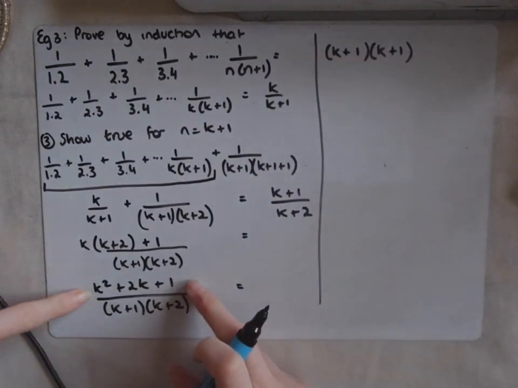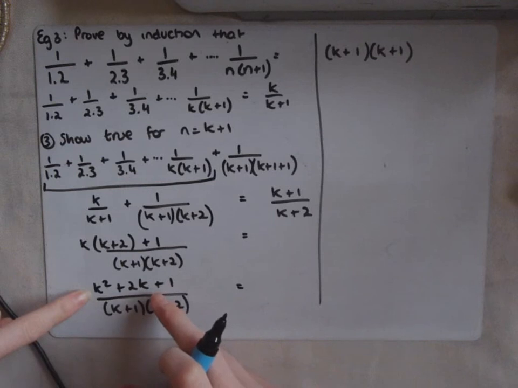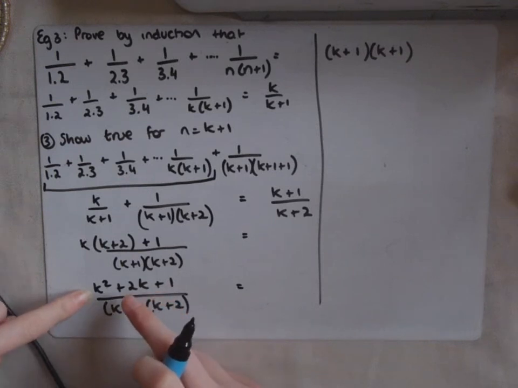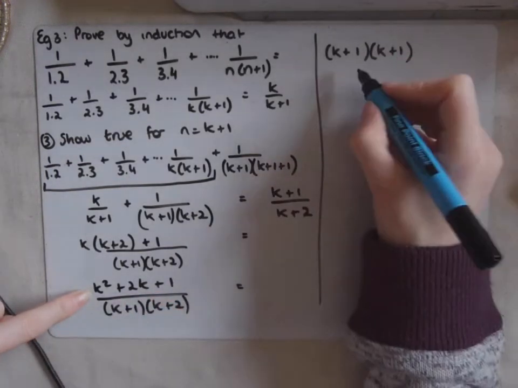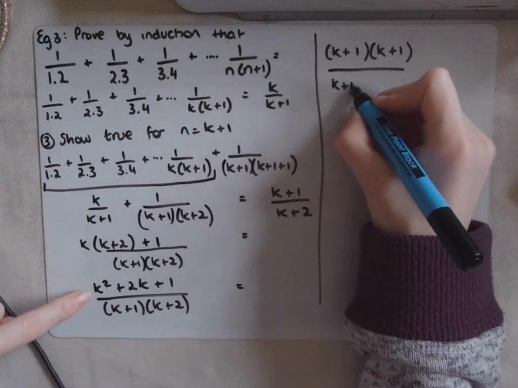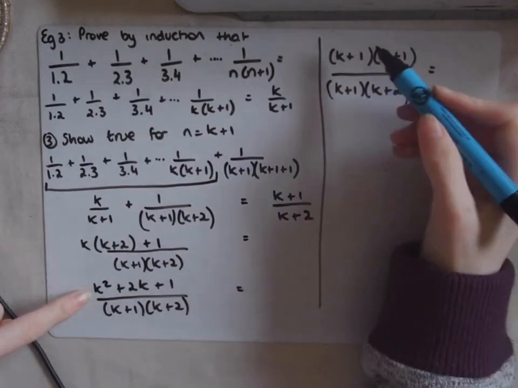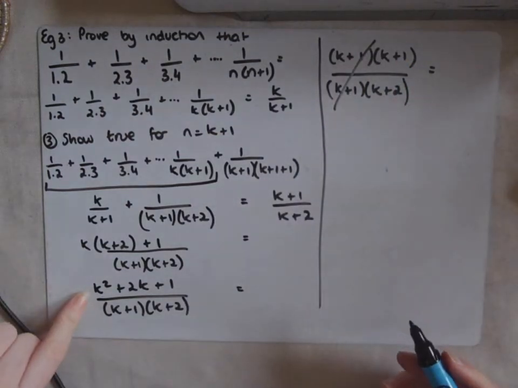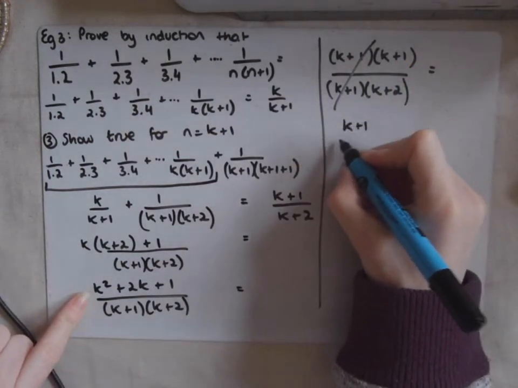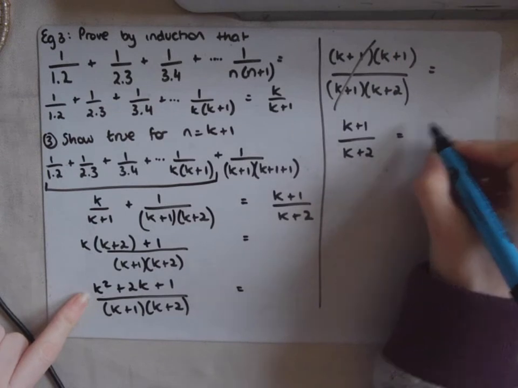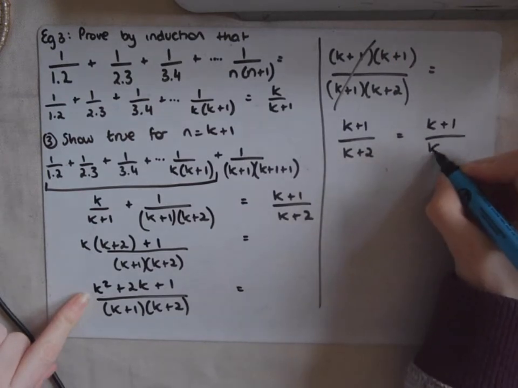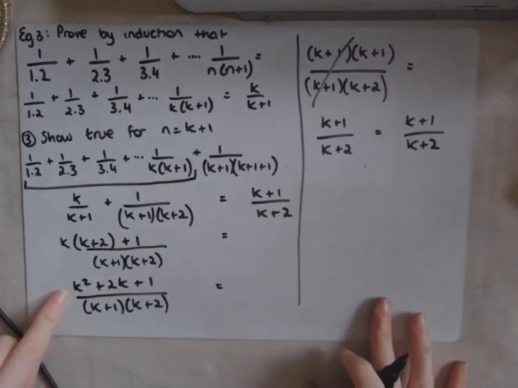Okay. Factors of 1 are 1 and 1. Factors of a plus are either plus by plus or minus by minus. It must be plus by plus. So that's what I have on the left hand side. And thankfully those k plus 1's cancel. So I'm left with k plus 1 over k plus 2. And that's what they wanted me to show. K plus 1 over k plus 2.